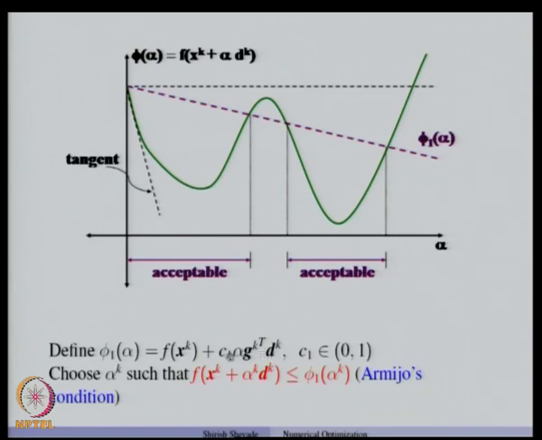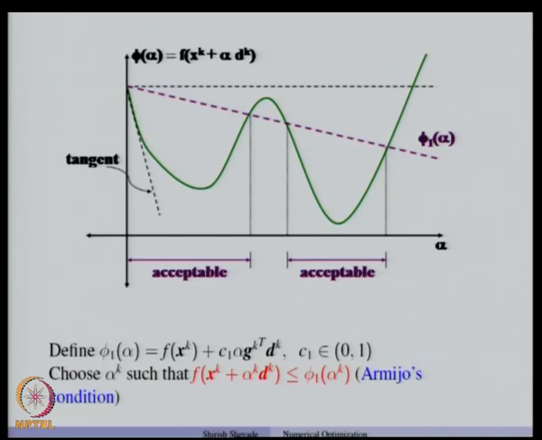Now, what we are interested in is that f of x k plus alpha k d k should be less than or equal to f of x k plus C 1 times g k transpose d k into alpha k. So, there should be a sufficient decrease in the objective function compared to the initial rate of decrease, which was g k transpose d k.